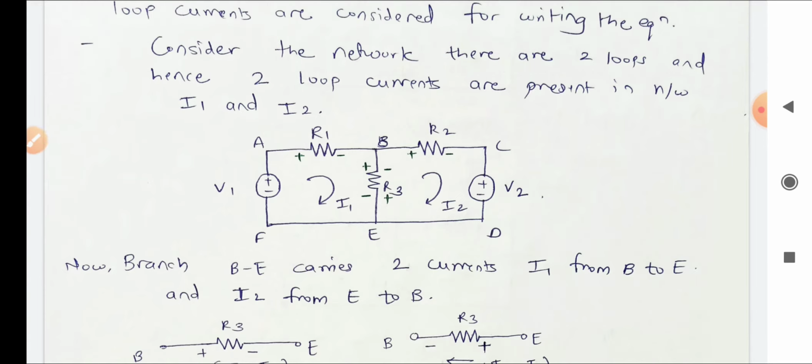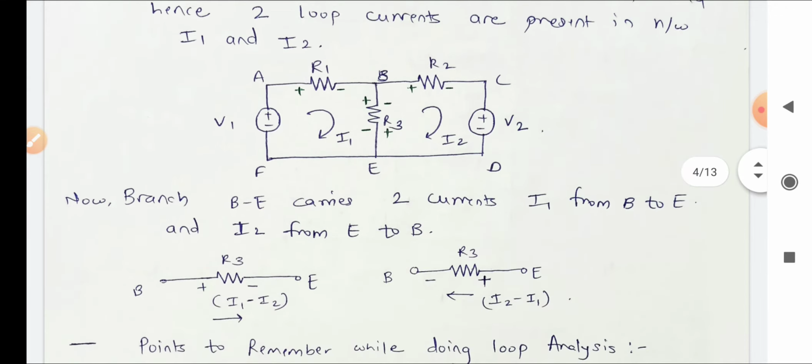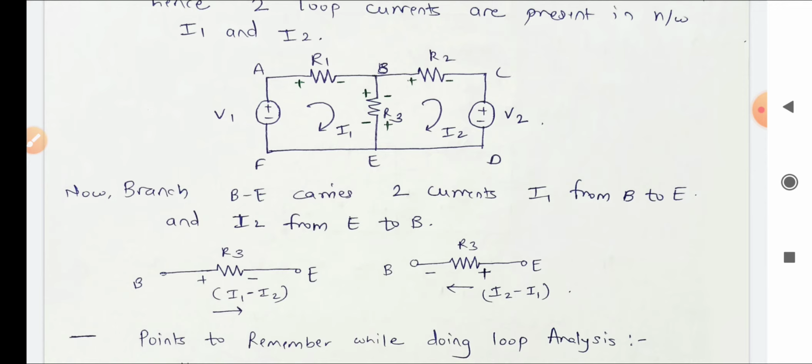Now in that network BE is a common branch. So for BE we are going to find the total current which is associated with that branch. While considering loop 1, I1 will be the main current in loop 1 and I2 is also associated with R3. So according to the flow of current, first of all we are going to give all the sign conventions.